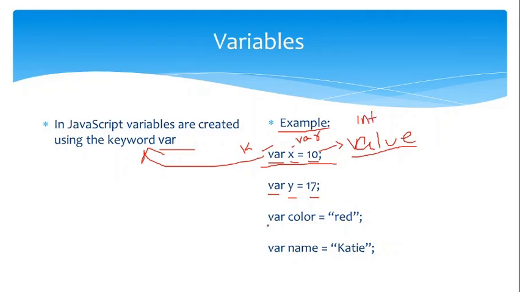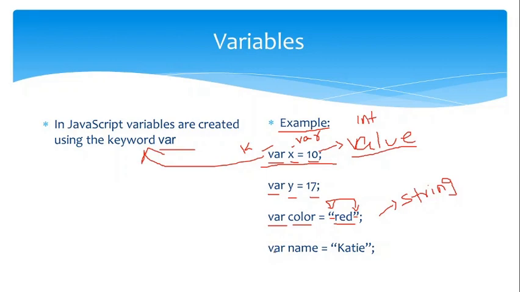Here also, same: var color is equals to red, in double quotes. Whenever we have a double quote like this, it is called a string. Var is a keyword, color is a variable name, and red is a string.